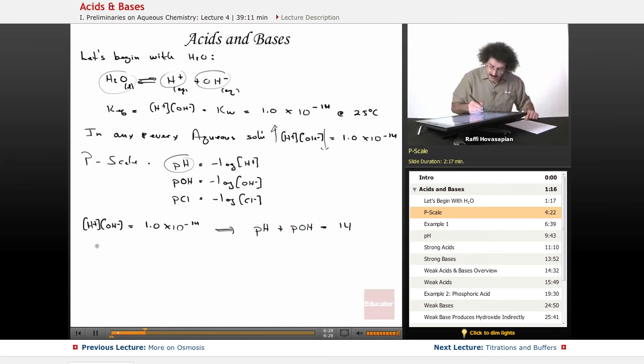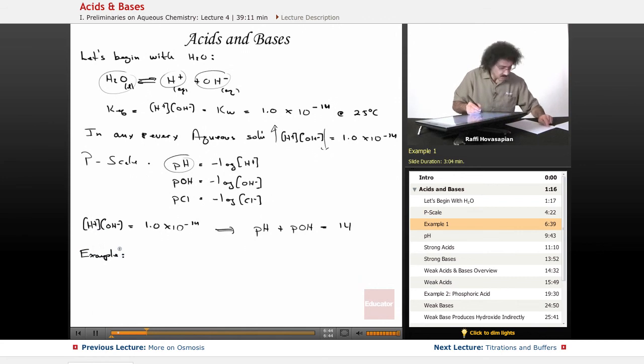Okay, let's see what we have here. So let's do an example just real quickly. The pH of a glycine solution.